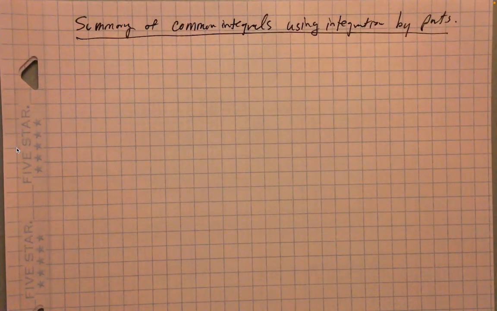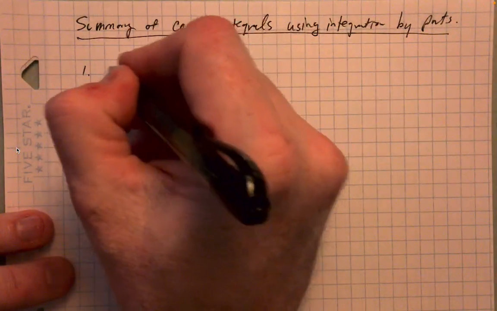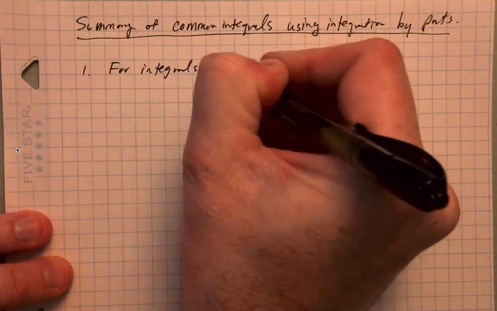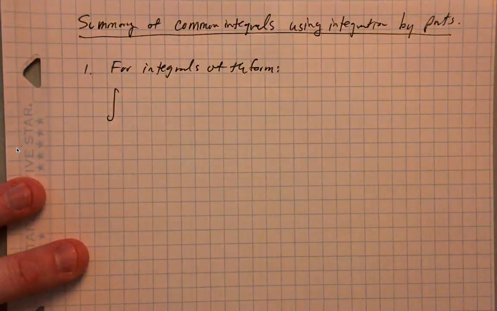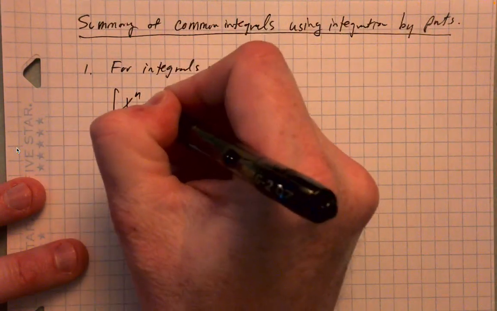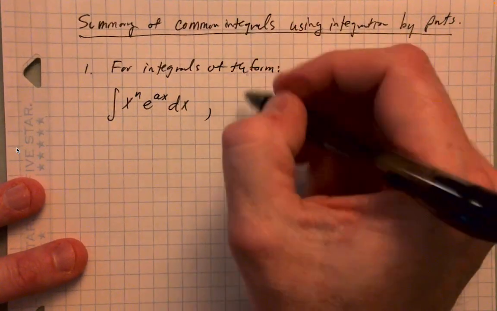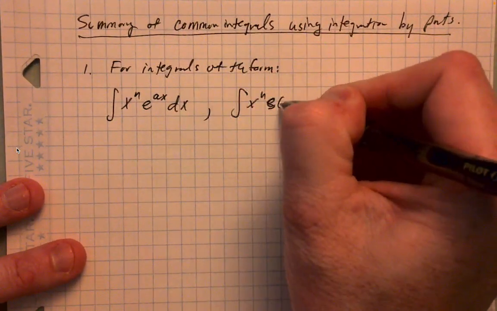Because the key to using integration by parts is knowing how to choose your u and your dv, right? So let's talk about some examples of what you might see. So for integrals of the form, and this isn't an absolute guide, this is just something to give you to think about. If you have something like x to the n e to the ax, or x to the n sine of ax.